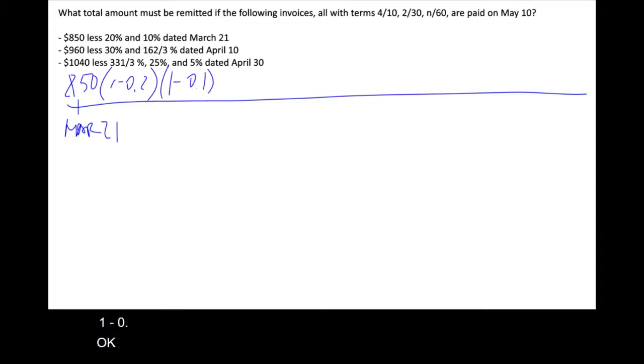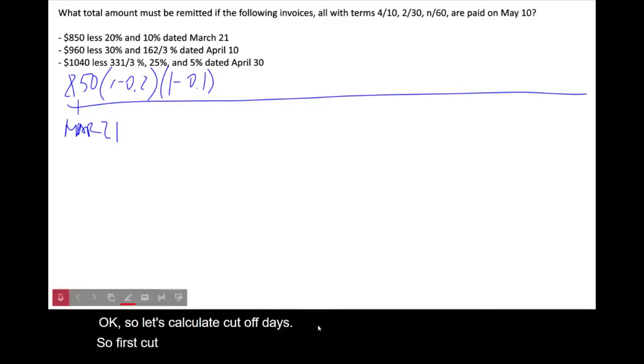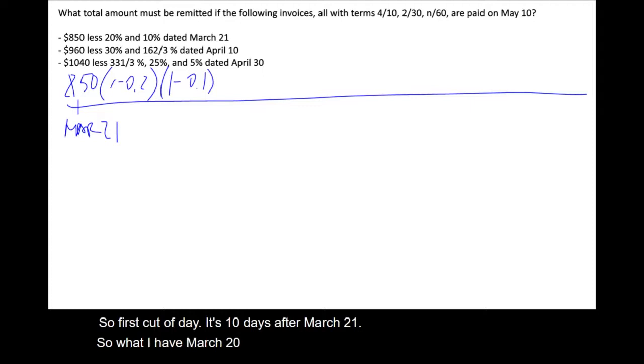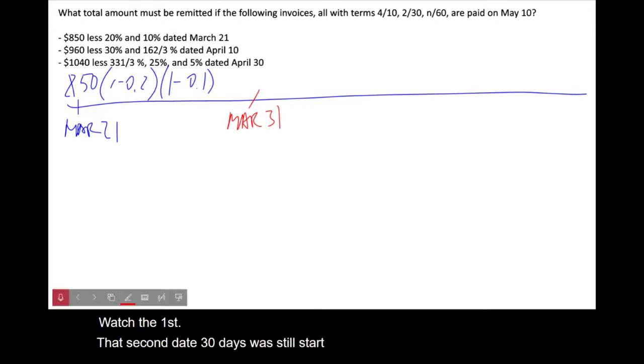So let's calculate cutoff days. So first cutoff day, it's 10 days after March 21. So what I have, March 21, that is 80 plus 10, 90, so March 31st.